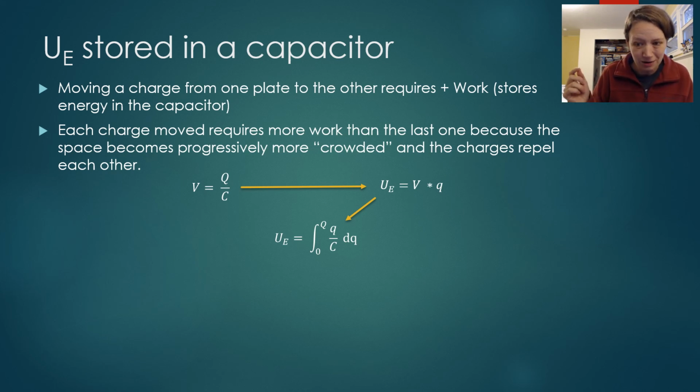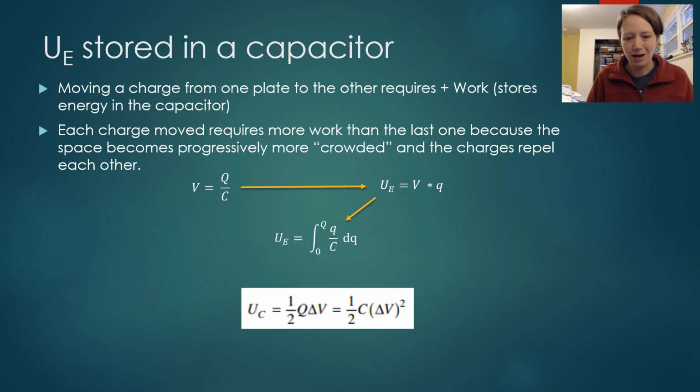And if you're not in calculus, then we can skip ahead to the result, which is UC, the electric potential energy stored on a capacitor. That subscript indicates that we're only using this equation for capacitors. It equals 1/2 of big Q, which is the charge stored on a plate, times the potential difference between those plates.